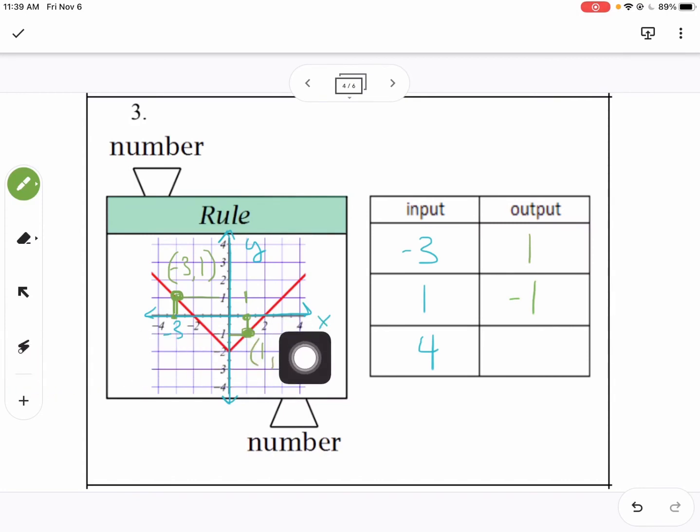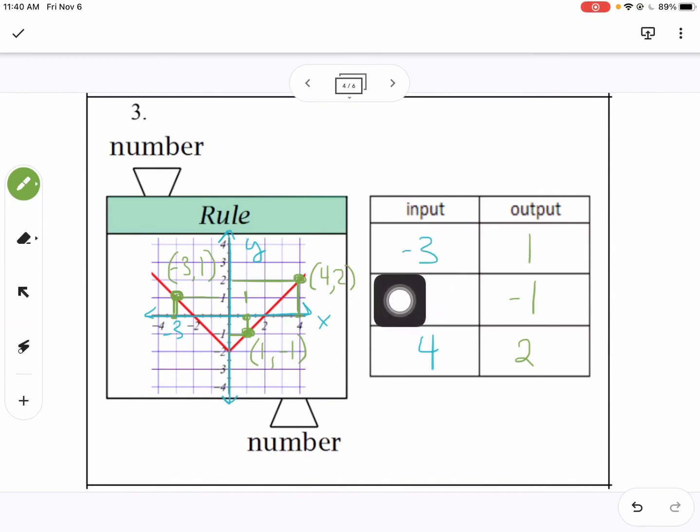Next, if I input 4, my output is 2. So basically these pairs of input and output are all points on our function line that's in red.